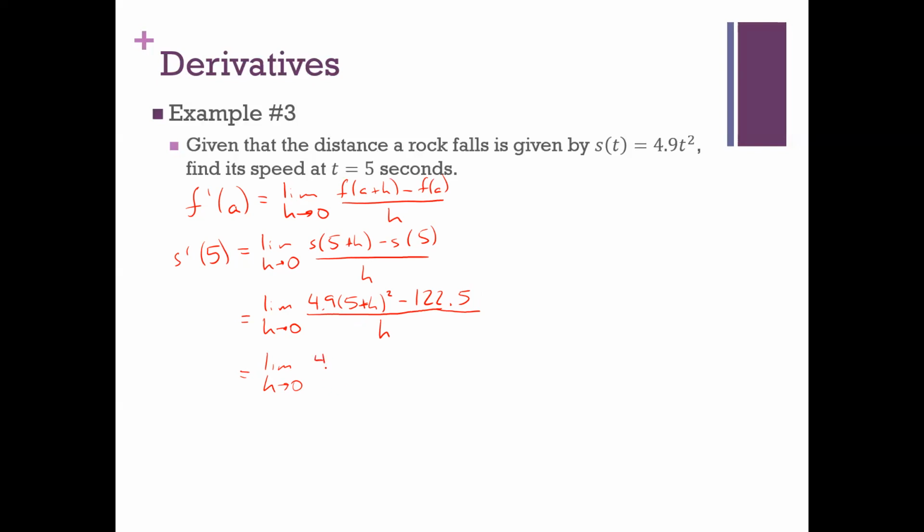Yep, I think that's a good idea. Actually, I'm going to save that. I'll ask you what you notice in a bit. But if I expand this, I get 25 plus 10h plus h squared minus 122.5 all over h.